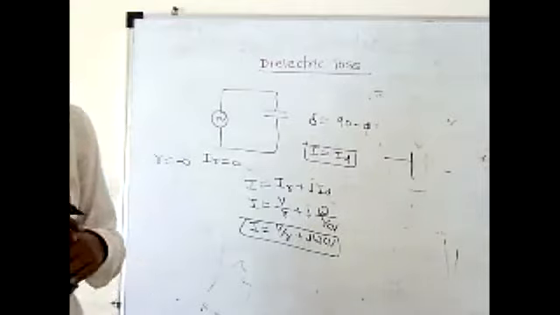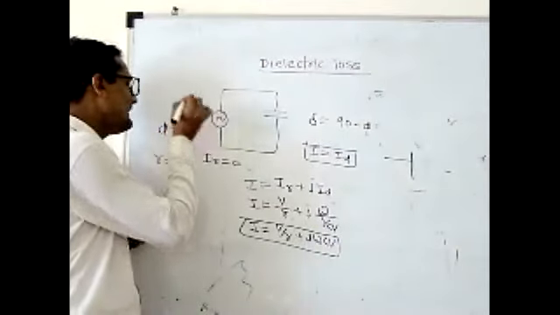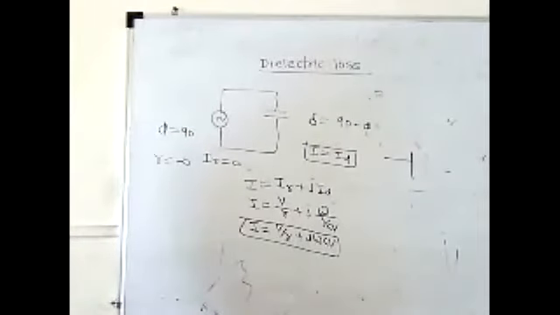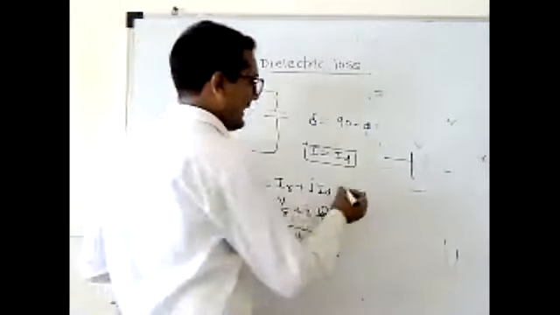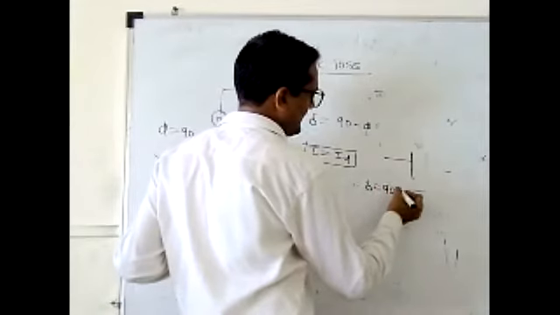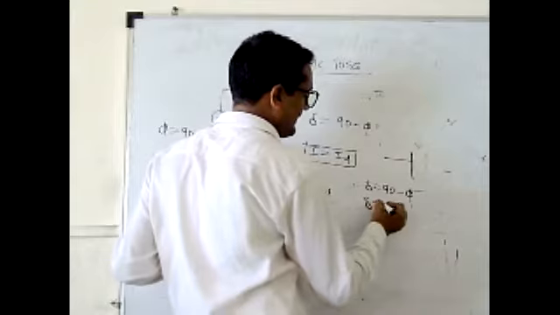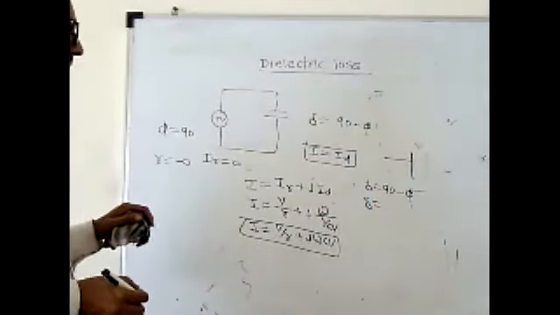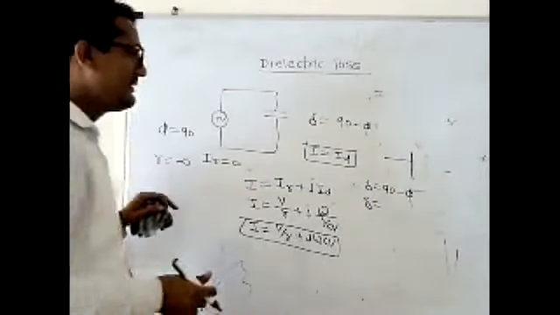For an ideal circuit, the value of phi is always 90 degrees. Then delta, we know the formula, delta equals 90 minus phi. In case of an ideal circuit, the value of phi is 90 degrees.